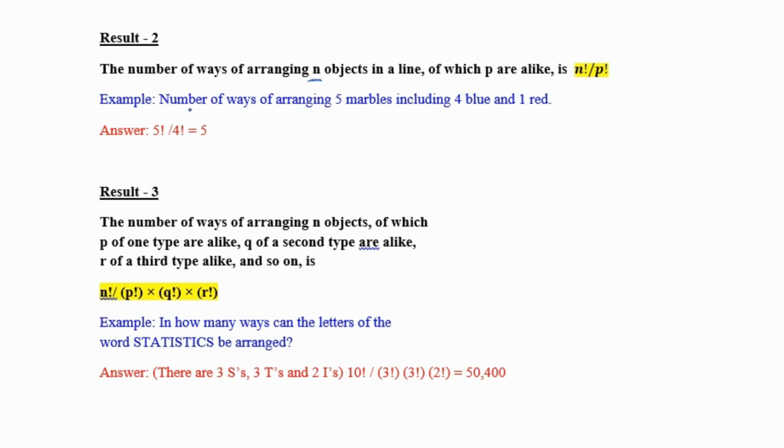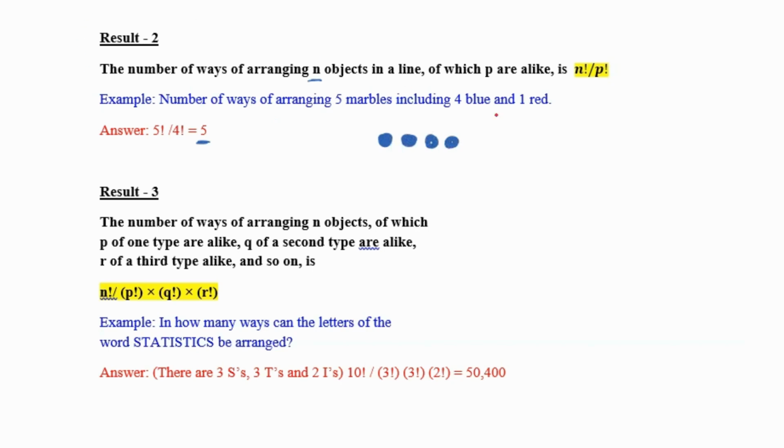They say the number of ways of arranging 5 marbles, including 4 blue marbles and 1 red marble, is 5 according to the answer. But how does it become 5? Well, let's find out. They're telling us there are 5 marbles altogether, 4 blue marbles. Let me draw the 4 blue marbles: 1, 2, 3, and 4.